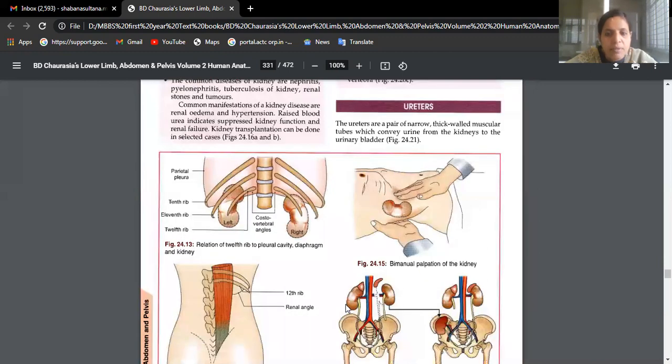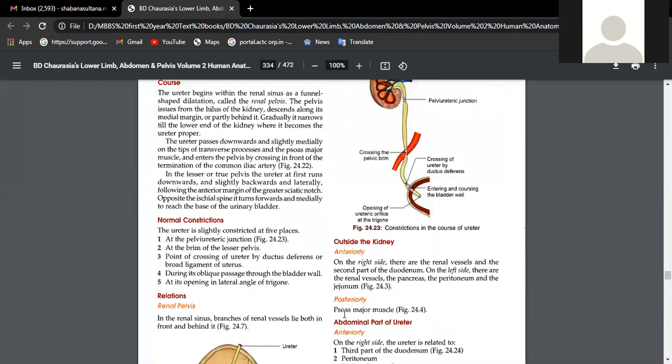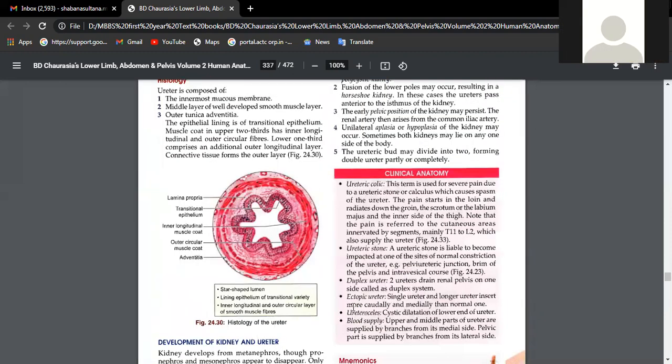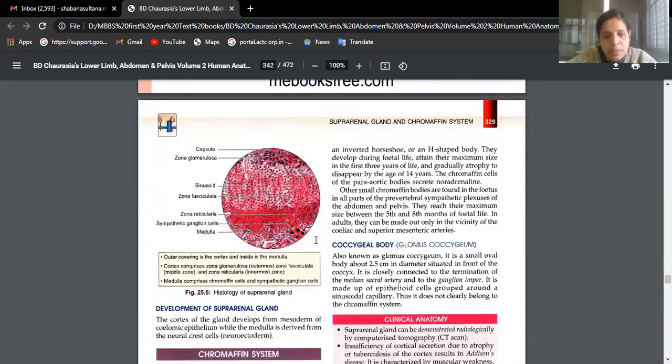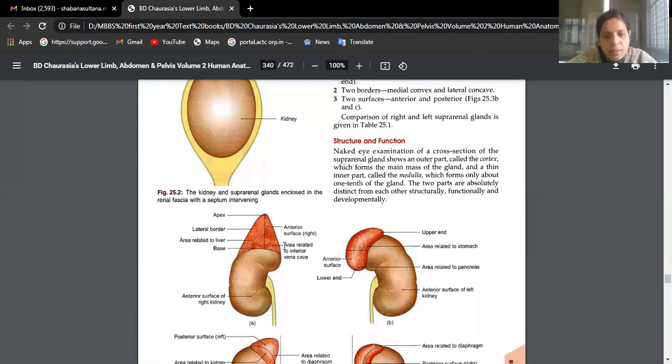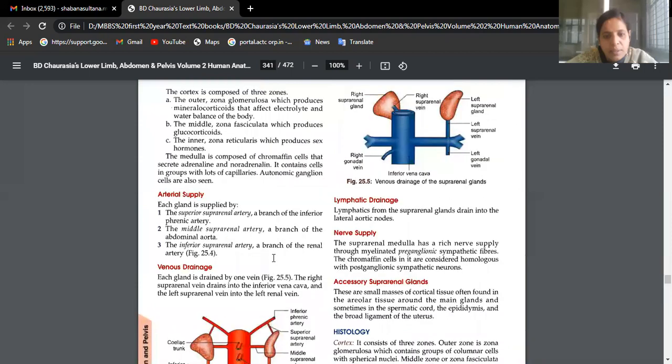This is kidney, ureter here. Hopefully it's given. See here, beta. So the adrenal gland will have cortex and medulla, isn't it? In the picture, cut section. So the outer area is cortex and the inner area is medulla.